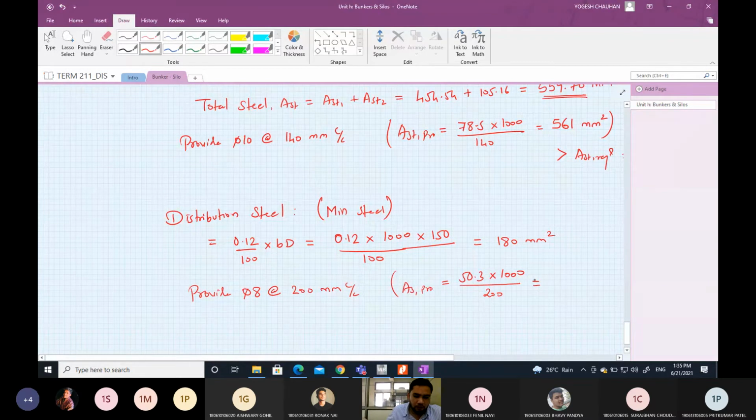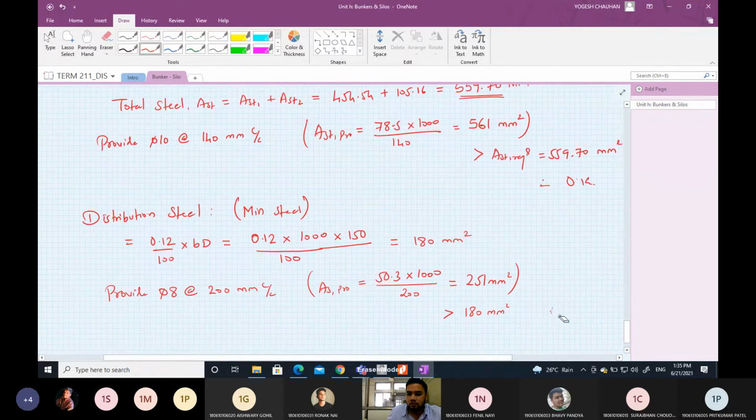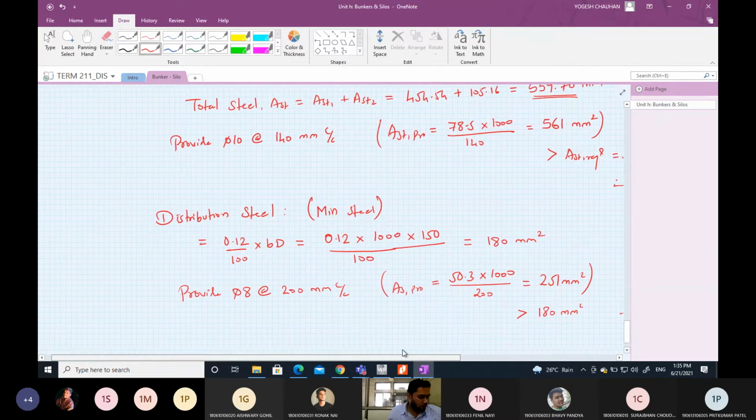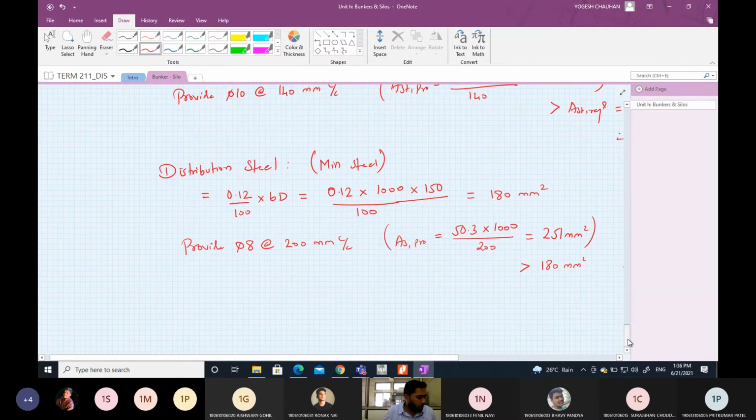This will give you 251 mm square. Again, this is more than the required 180 mm square, so it is okay. Okay, so with this you have designed the cross section of the side wall. You have the reinforcements.